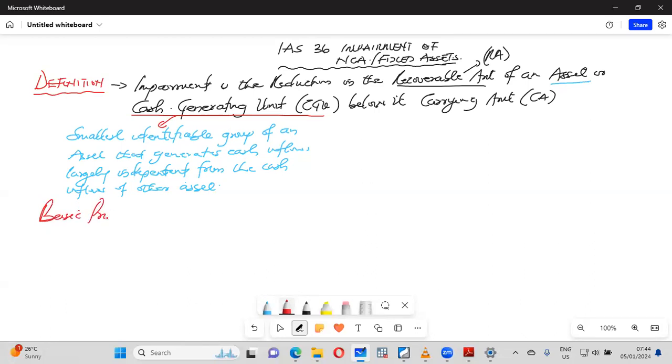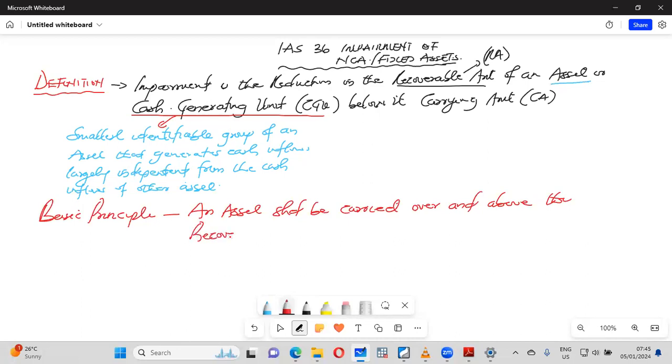So an asset should not be carried or recorded over and above its recoverable amount. You can't put a figure in your financial statement that is over the amount that you can actually recover for the asset.